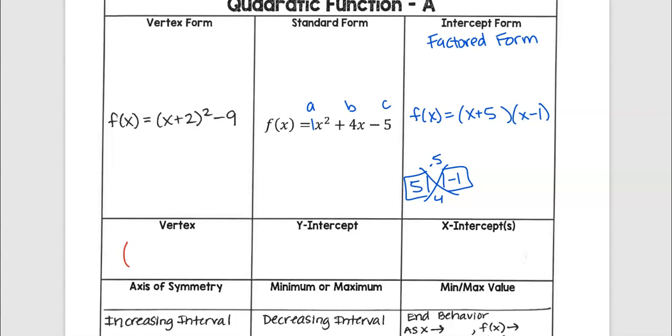Okay. So remember, this is x minus h squared, and that's plus k. Our vertex is (h, k). Okay, so if it's x plus 2, what is your h value? Almost. -2.